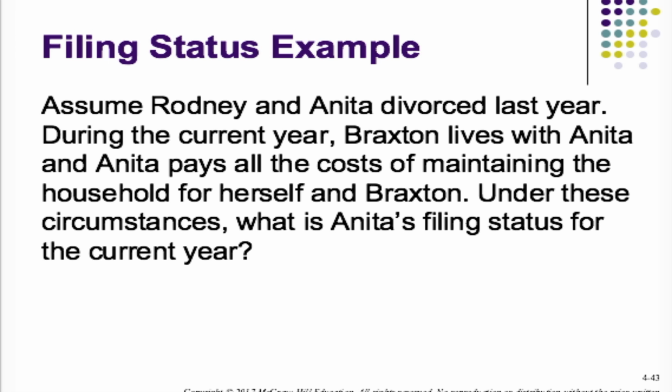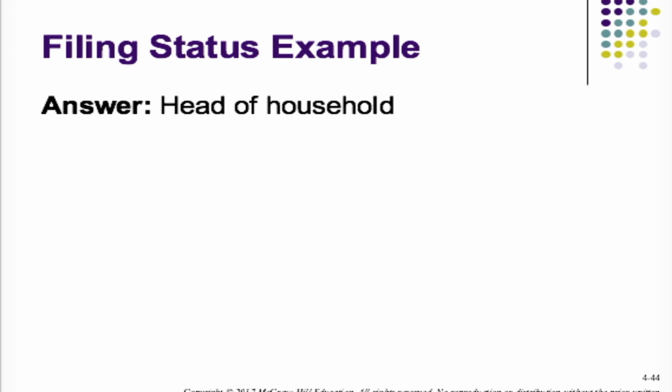So most likely we would look at head of household and see if she qualifies for that. In this case, since she meets the qualifications under head of household, that would apply, and that would be the most beneficial filing status she could have. Okay. So generally, you're going to start at the most beneficial filing status and work your way back. That's the easiest way to do it. And of course, once you internalize these a little bit and have done some of these in practice, the answer will just jump into your mind when you see the scenario.